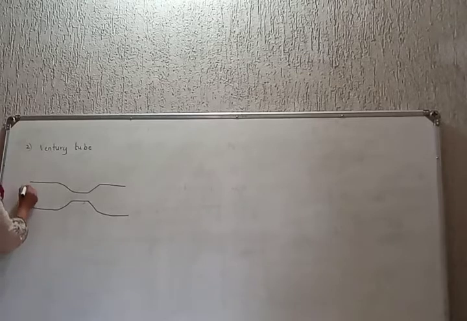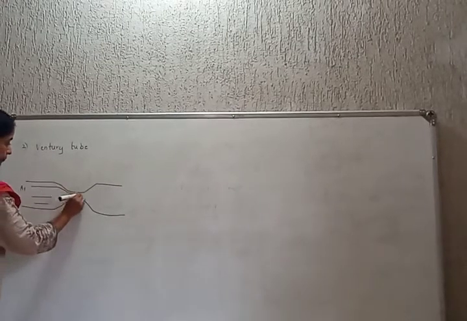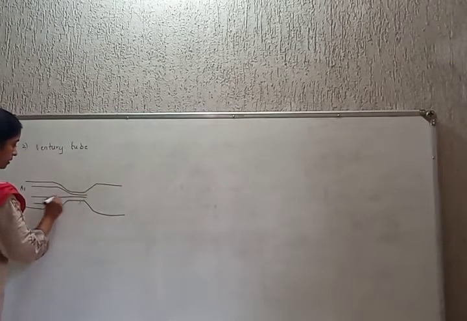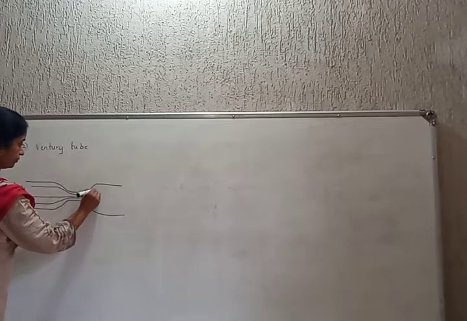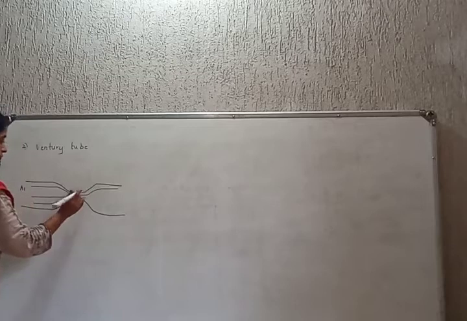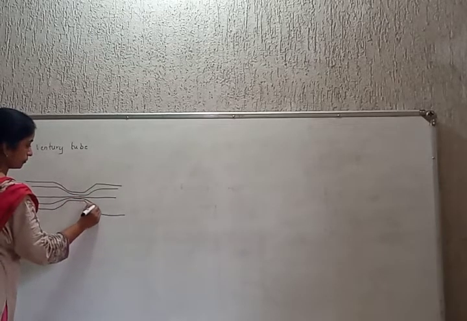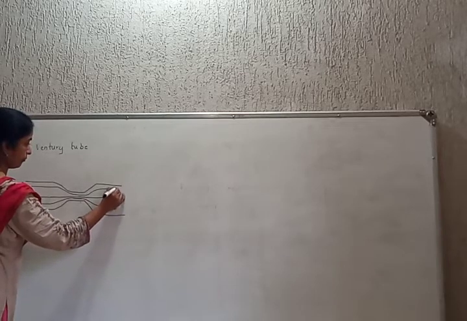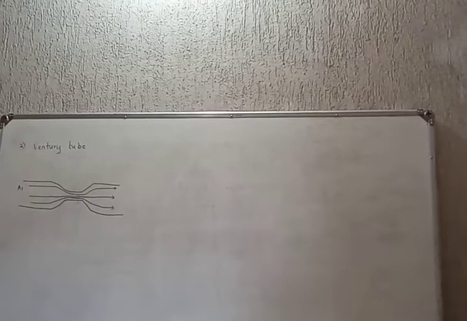This is the broad end with area of cross section A1. What is a Venturi tube? It is a tube which is used to calculate the speed of flow of a fluid.